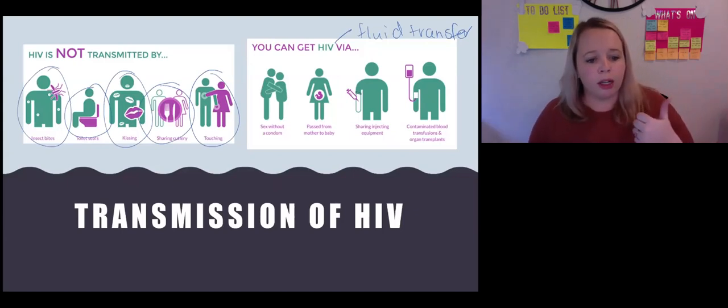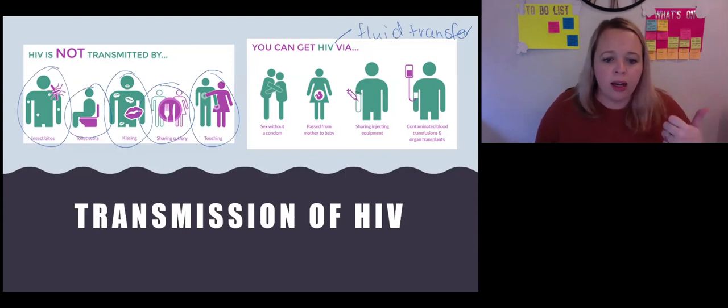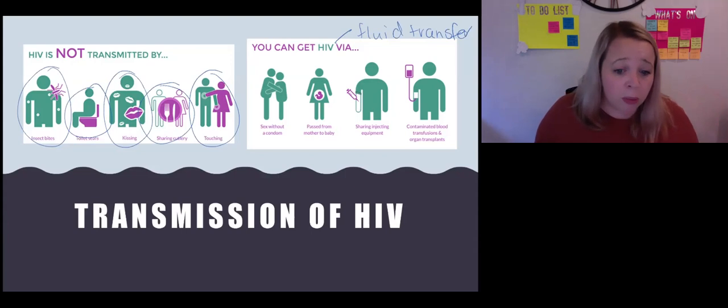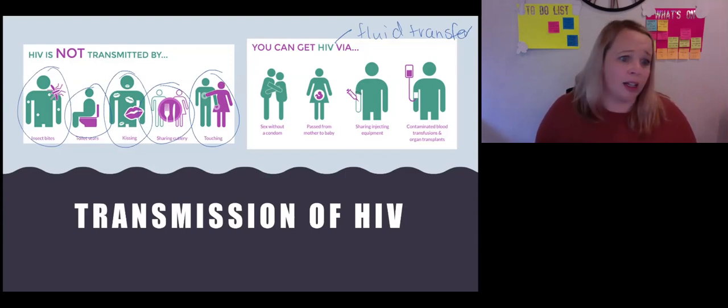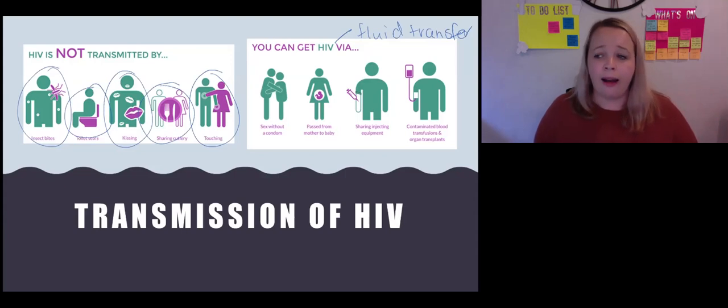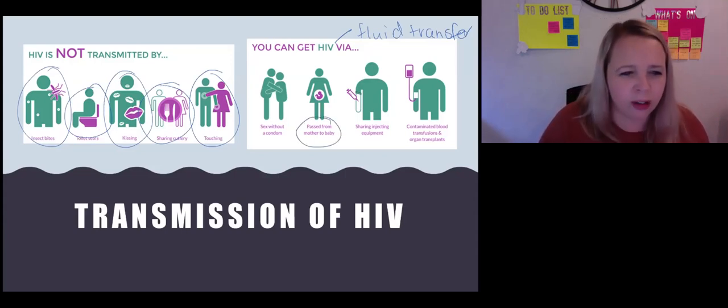So people that are intravenous drug users, so people that have a drug dependency, and they share needles, not a very good way. You probably transfer HIV if the person that you shared a needle with had it. If you have unprotected sex with someone that has HIV, you are highly likely to contract the disease. This passing from mother to baby is a big problem in African nations.